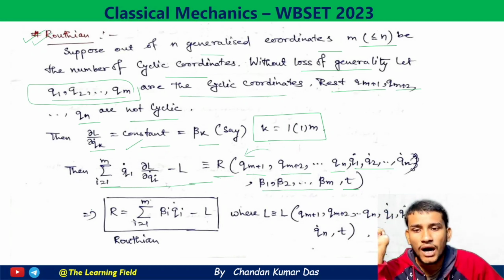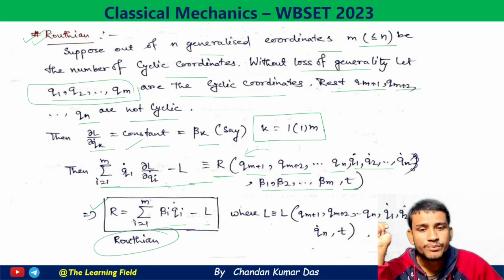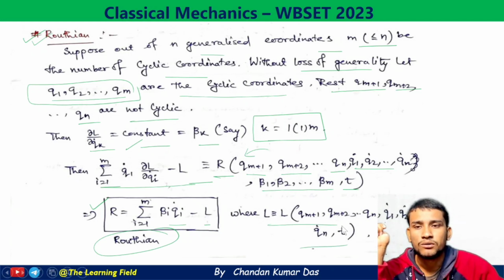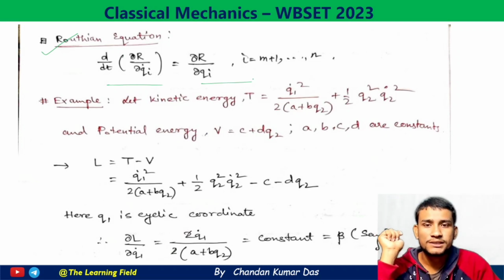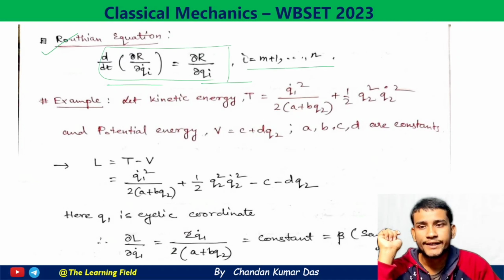So R equals the summation i equal to 1 to m of beta_i q_i dot minus L. This quantity is called the Routhian of the system, where L is a function of this one. Now, what is the Routhian equation? d/dt of ∂R/∂q_i dot minus ∂R/∂q_i. This is the Routhian equation, where i equals m+1 to n.